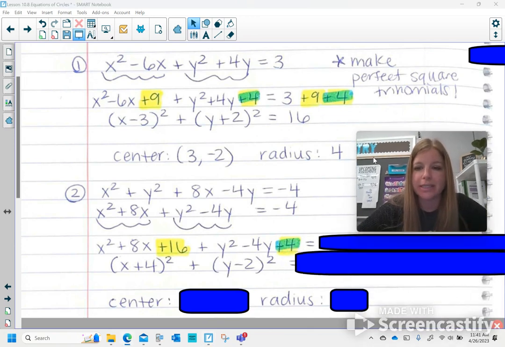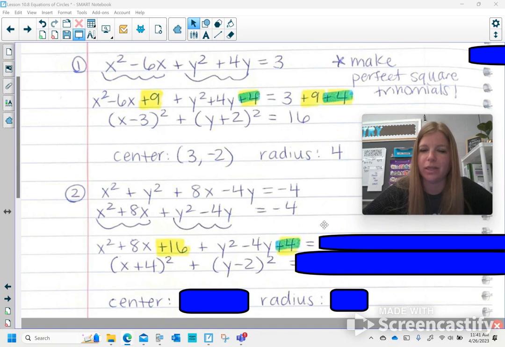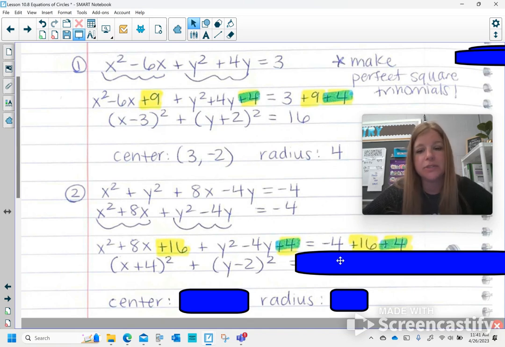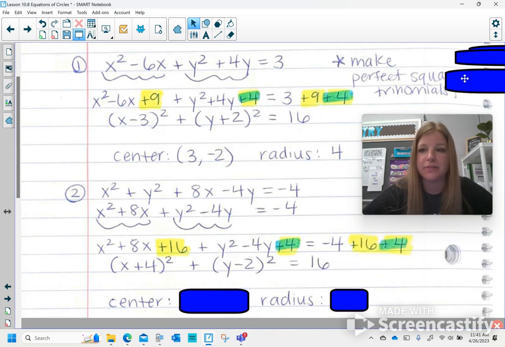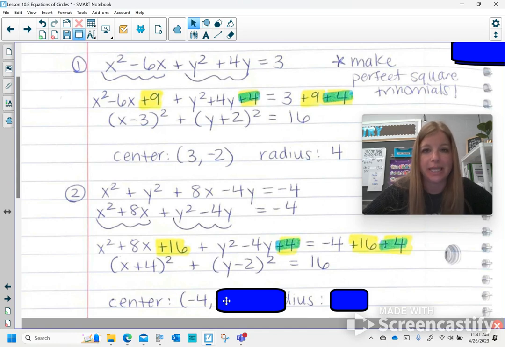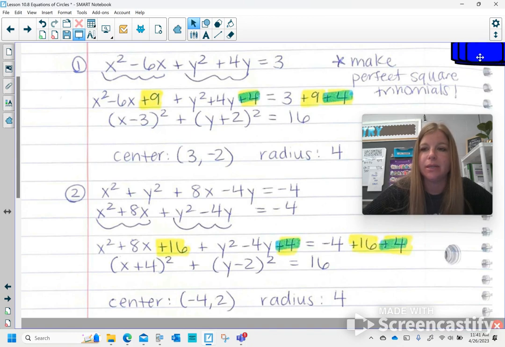Now, like I said before, if I'm adding 16 and 4 on the left-hand side, you also have to add those onto the right-hand side of your equation. Negative 4 plus 16 plus 4 leaves us with, again, positive 16. So now, if I see x plus 4, I know that my h value, my center, is negative 4, and y minus 2 means the k value is positive 2. The square root of 16 gets me my radius, which is, again, 4.